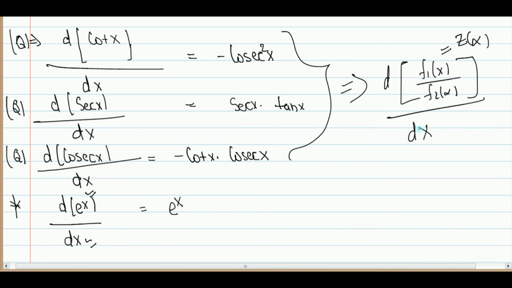Okay, stick with the basic formula: f2(x) into differentiation of f1(x) minus f1(x) into differentiation of f2(x), divided by f2(x) whole square. Use the same formula for the differentiation of tan x, cot x, sec x, cosec x. Try to rearrange the equation in the division form, and you will get the answer.